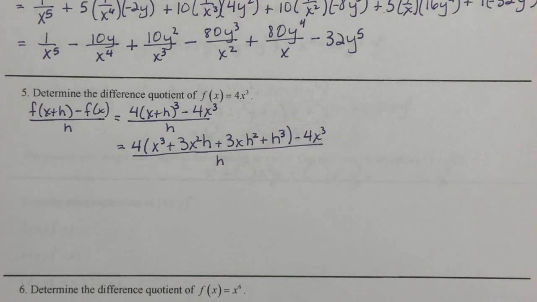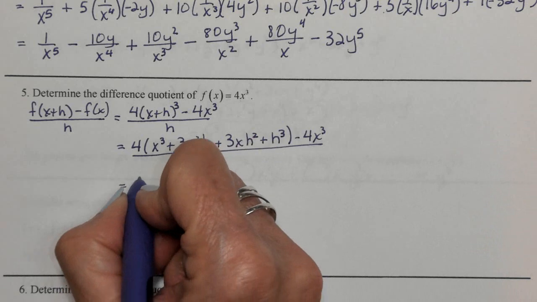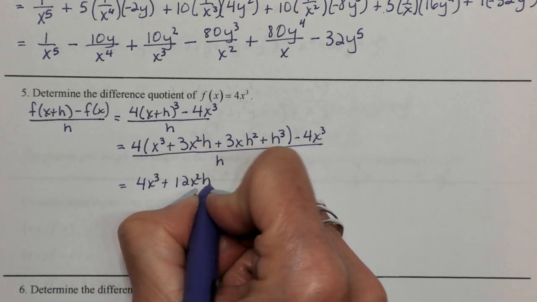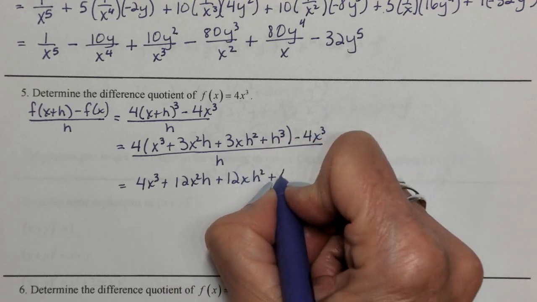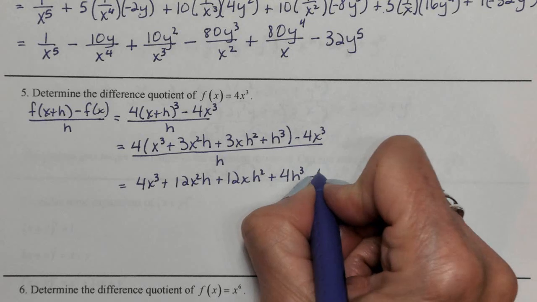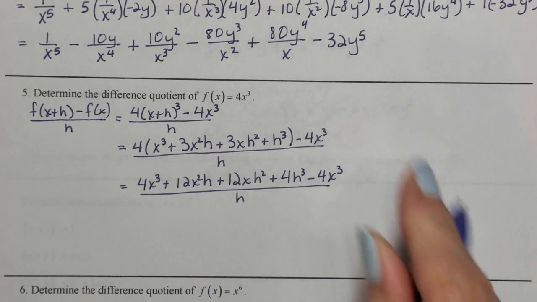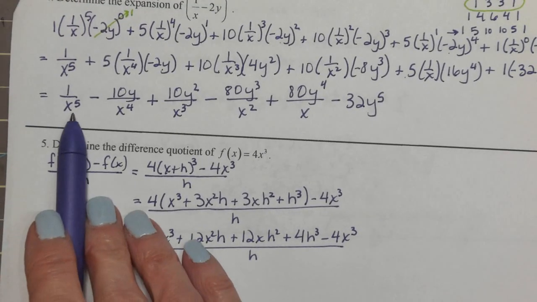Okay, so those are all equal here. I'm going to distribute my 4. I will tell you, when you are writing a bunch of terms like we did above, in your final answer, make sure that you have the right pattern.